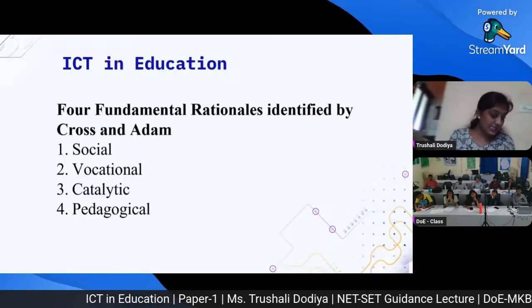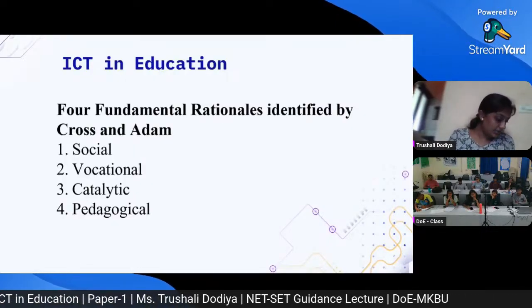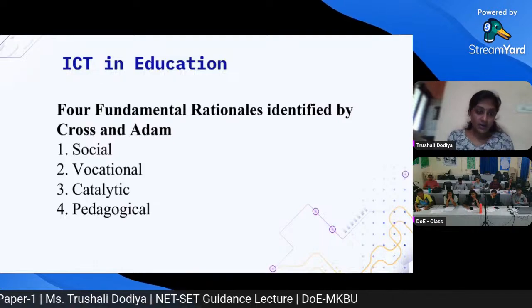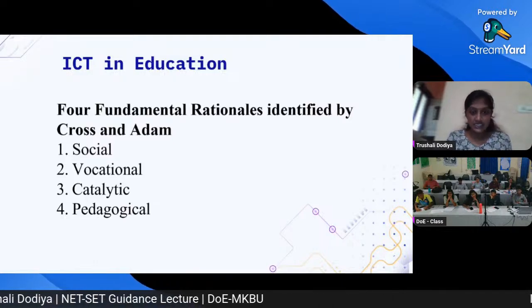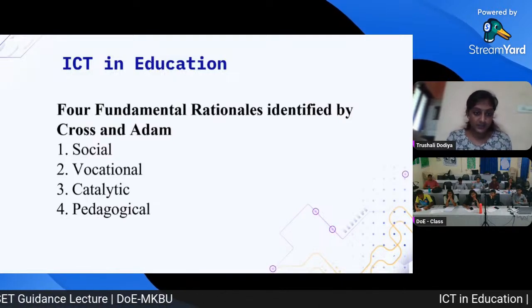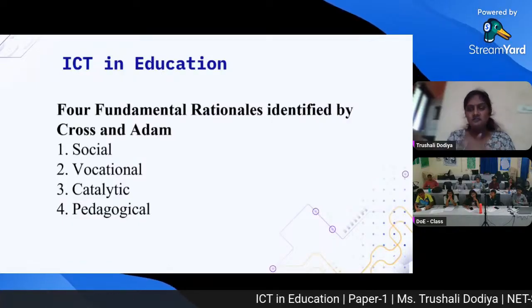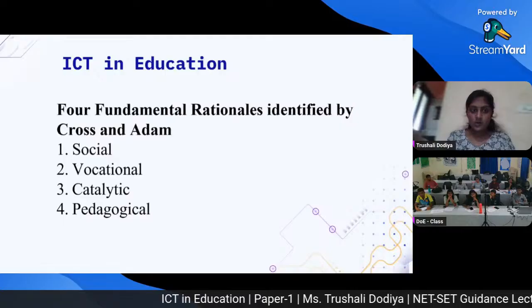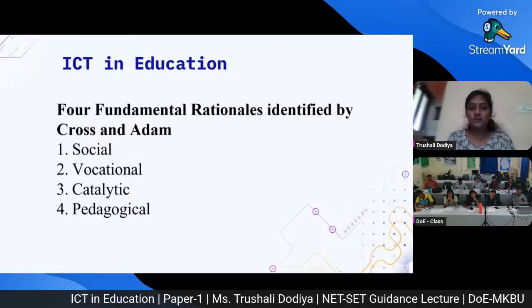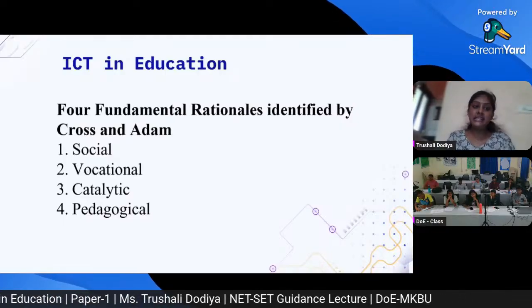Then there are the catalytic and pedagogical aspects of teaching and learning. Catalytic means some sort of analytical things. So ICT helps in four things at a base level.